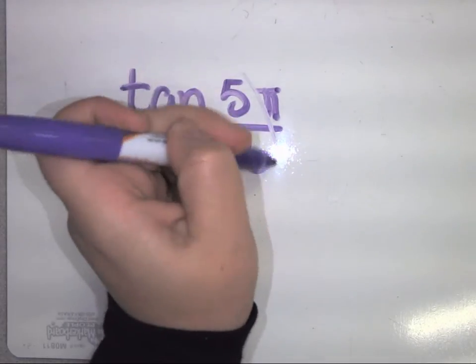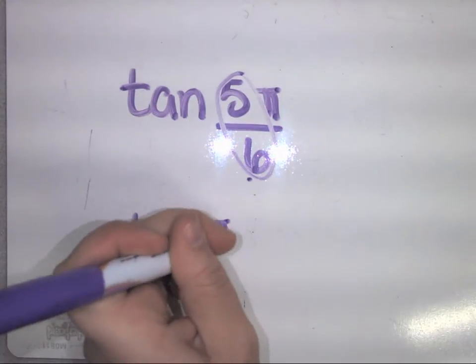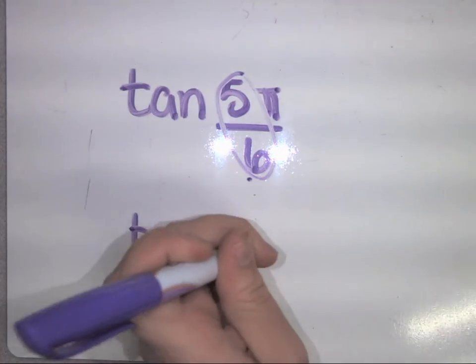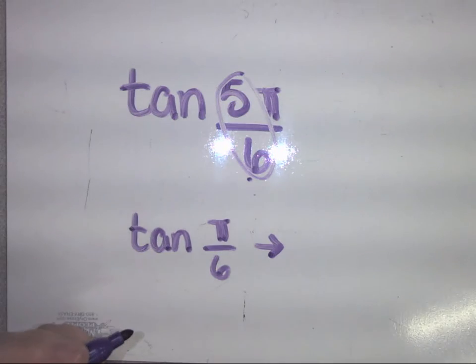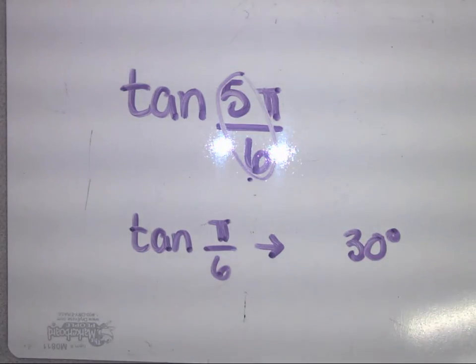So your reference angle is pi over 6 because it's whatever the denominator is. Okay, well, which degree has over 6? We don't care about the 5 pi over 6. Just think about 30 degrees. So now we need to know what tangent is at 30 degrees.